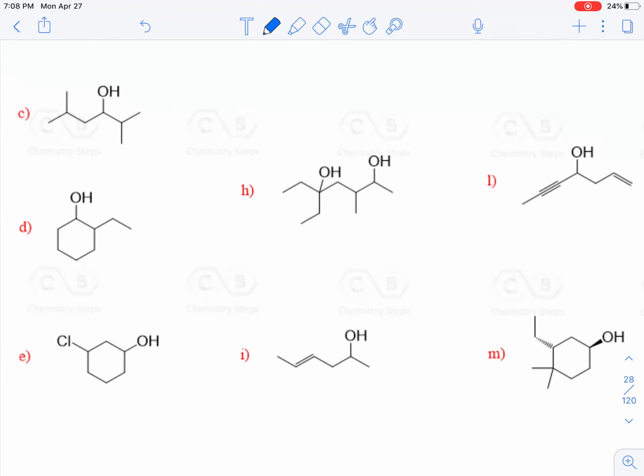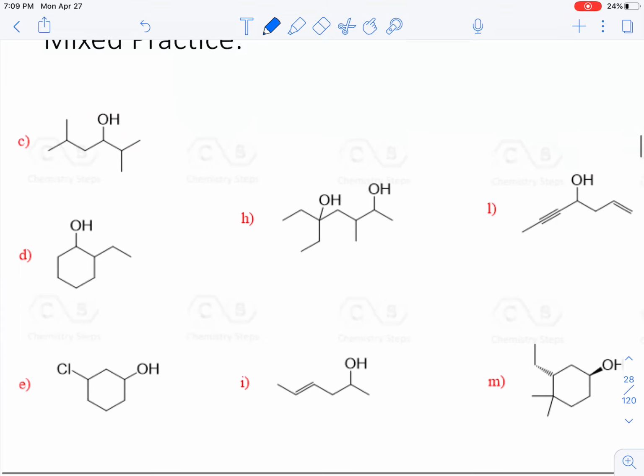And so I want to go over just one more problem in this slide. I want you guys to notice that on letter L, there is a double bond, a triple bond, and an alcohol. So we have all three on this compound.